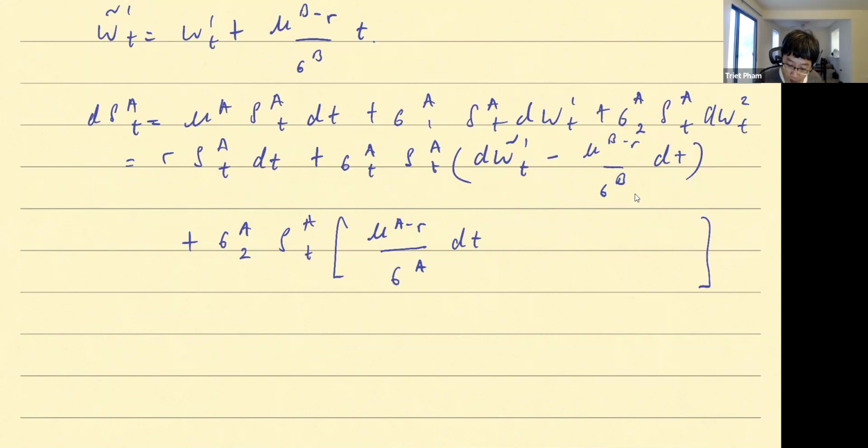So in other words, you must add, what is this here? Sorry, this is sigma A1. So you subtract this term, so you better add that term in. So you must add mu B minus R over sigma B, and then divide by sigma A2 times sigma A1.